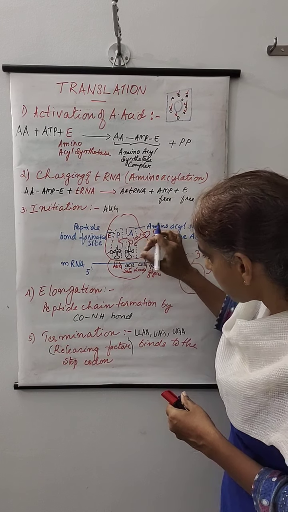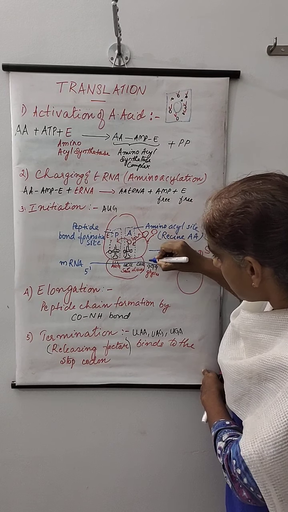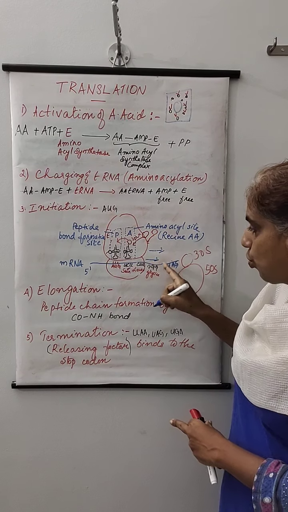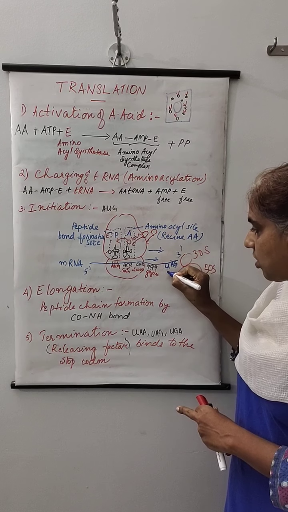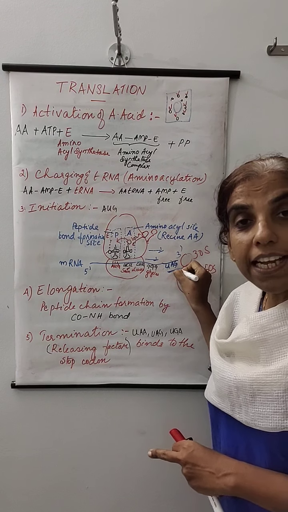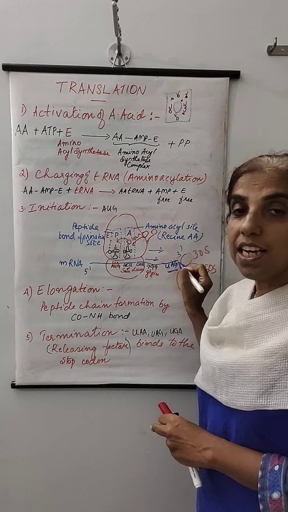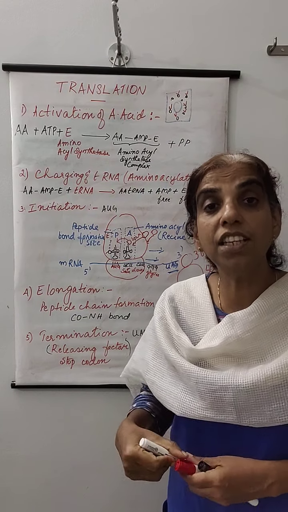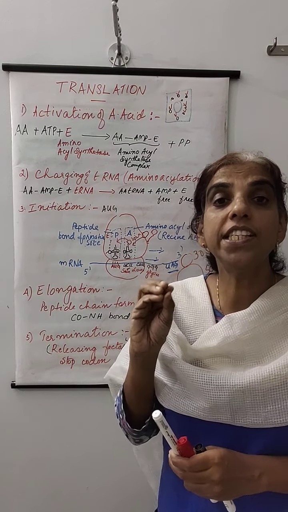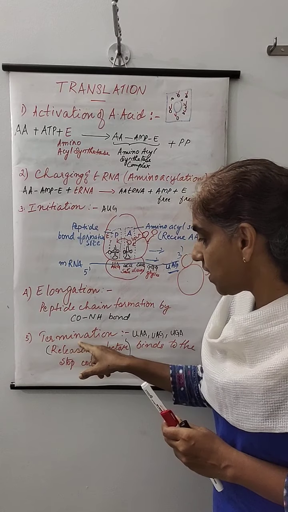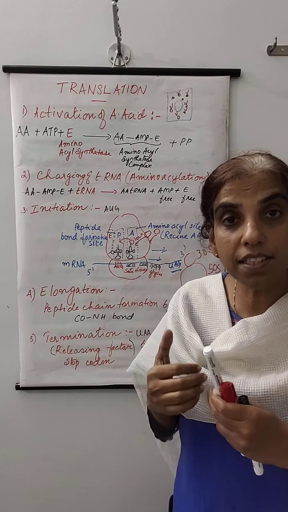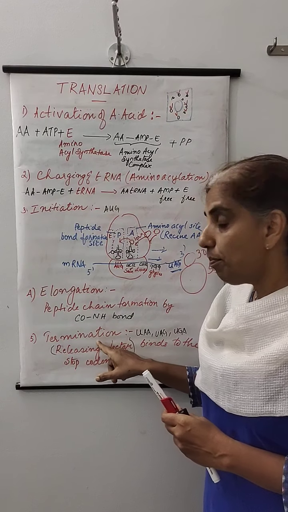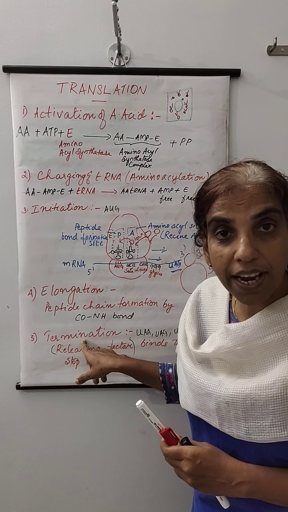So when the ribosome progresses towards the 3' end and suddenly UAG comes, what does it indicate? We have to stop this elongation process. That is what we call termination. We are going to end the synthesis of the peptide chain.